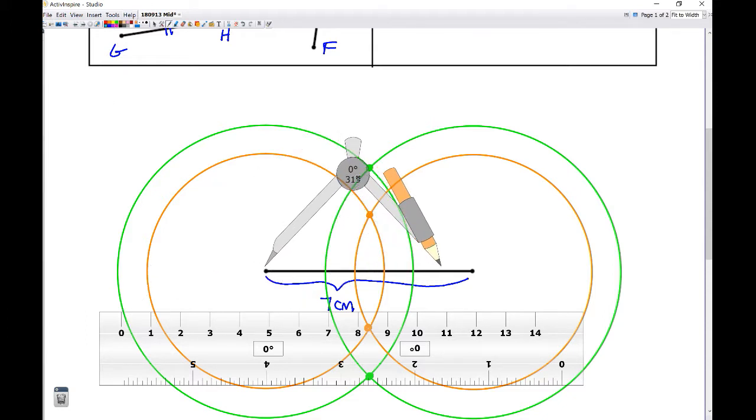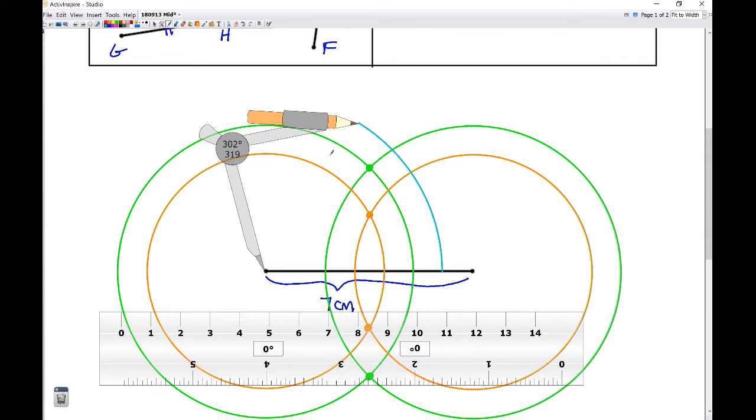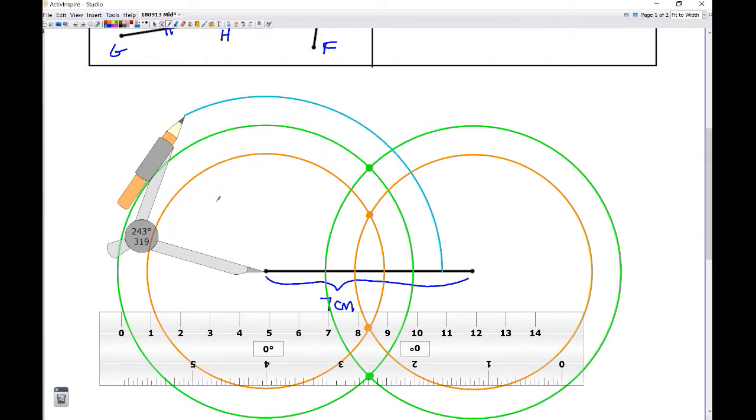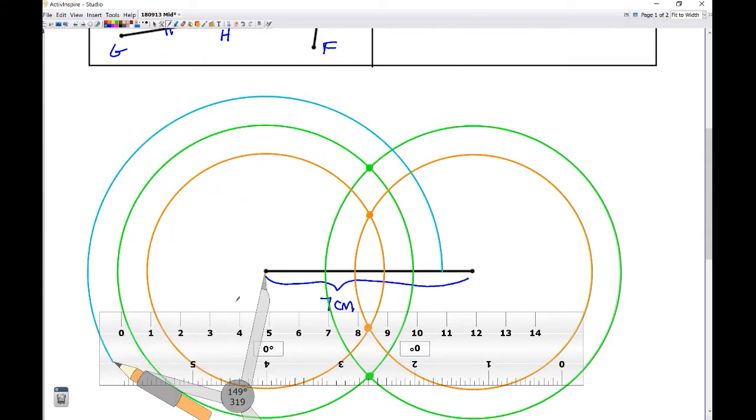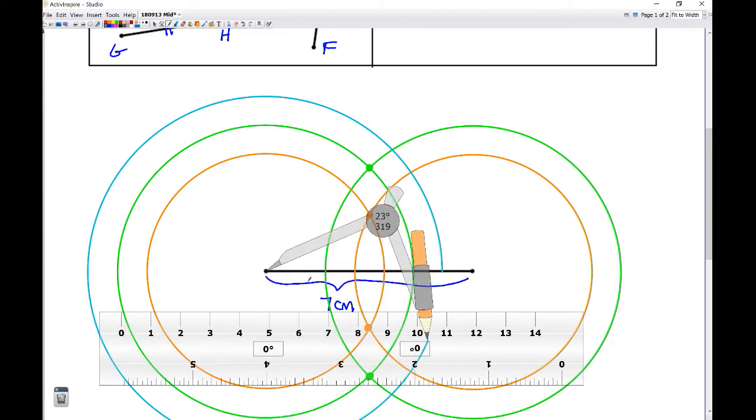All right, let's do our 2 circles, each centered at the end points of our line segment. So I'm going to do a 6 centimeter circle all the way out here like this, all the way around. And then I want to do it again from the other side as well.